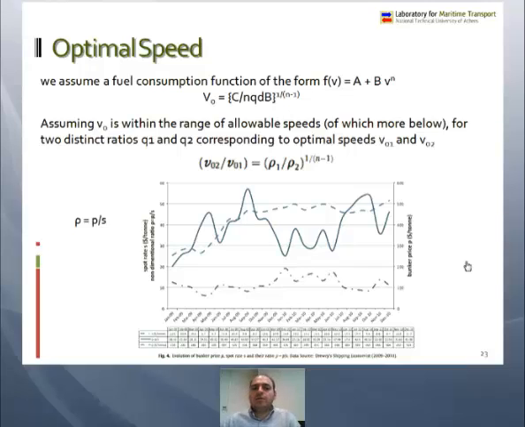So assuming that the optimal speed is within the range of the allowable speed of vessels, for two distinct ratios Q1 and Q2 that correspond to two optimal speeds, we have estimated this factor. We call it ρ.